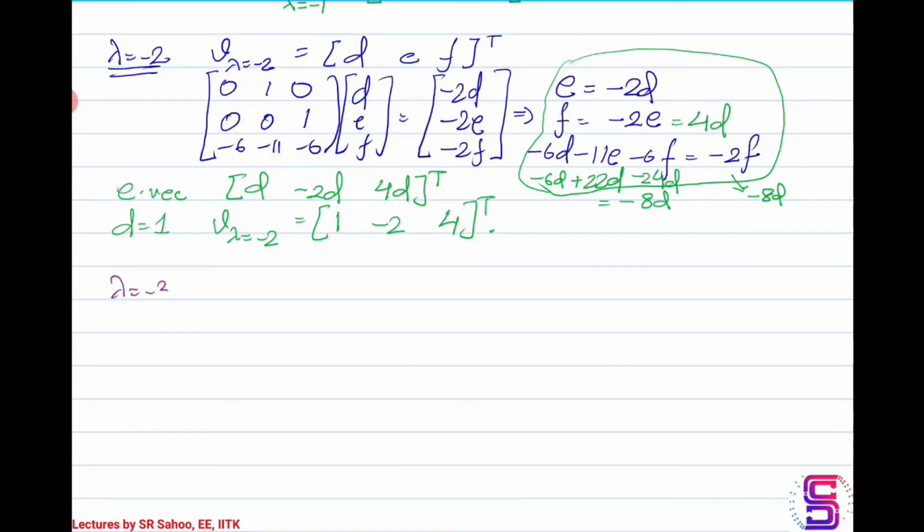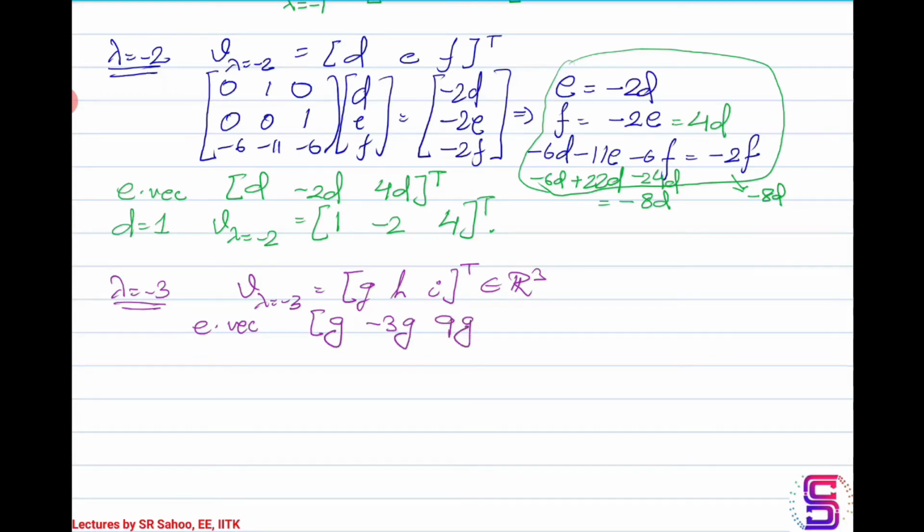Now, I want to do the same for lambda equal to minus 3. Let's say the eigenvector corresponding to minus 3 is represented by G, H and I transpose belonging to R3. In that case, the eigenvector is going to have the structure of G, minus 3G and 9G transpose.